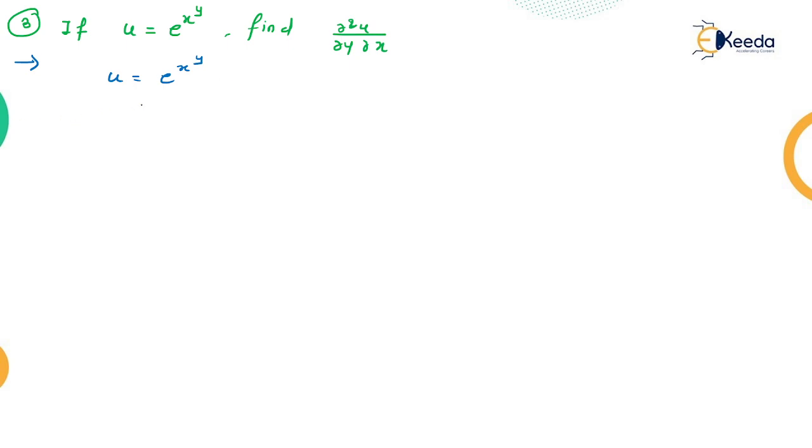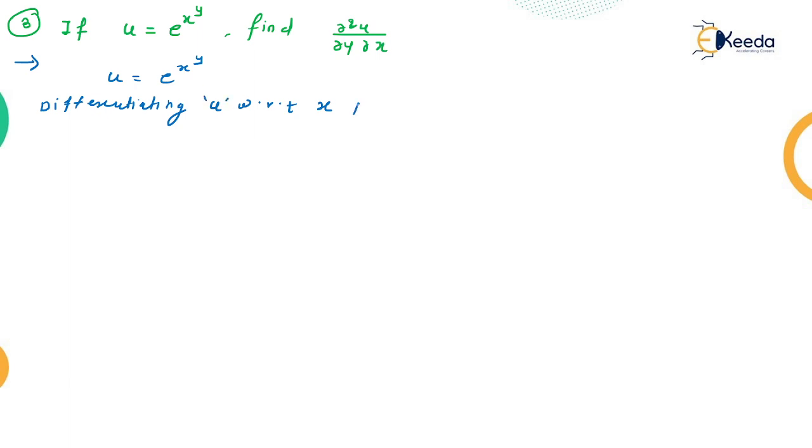You observe here u is a function of two variables, x and y. So you can take the differentiation of u. Differentiate u with respect to x partially.